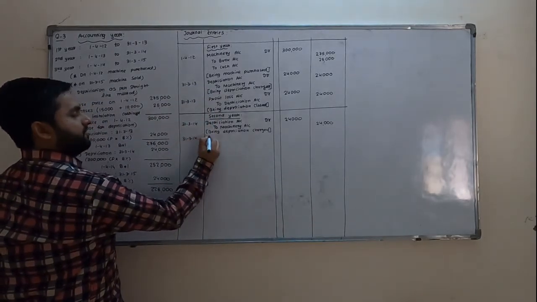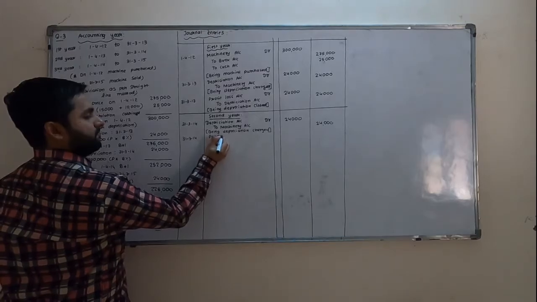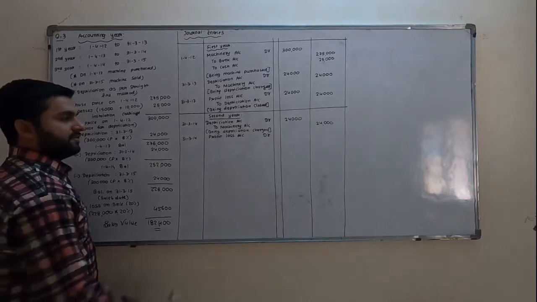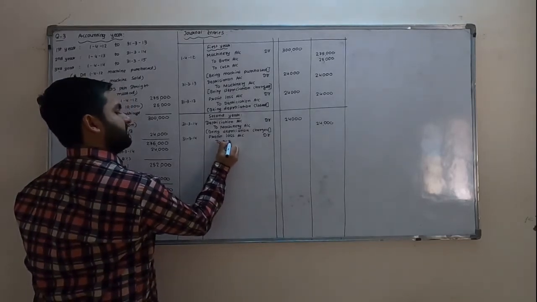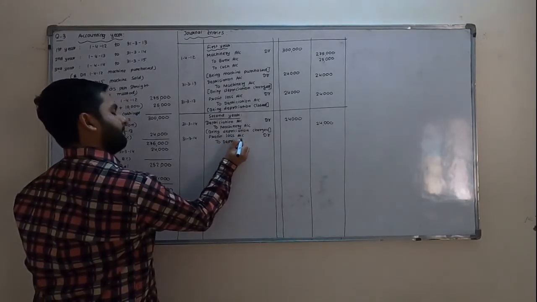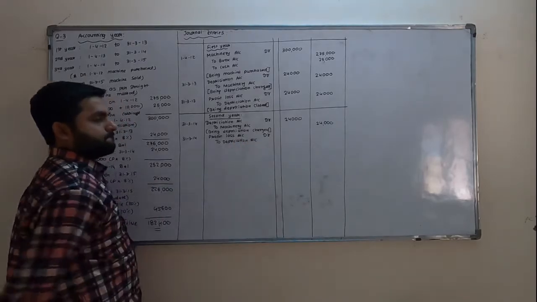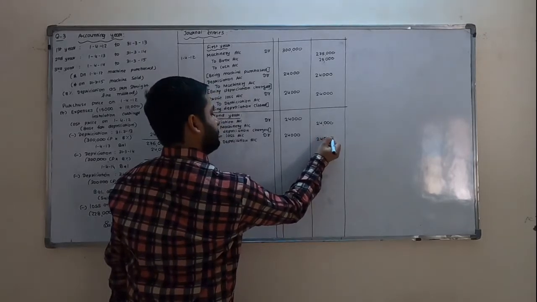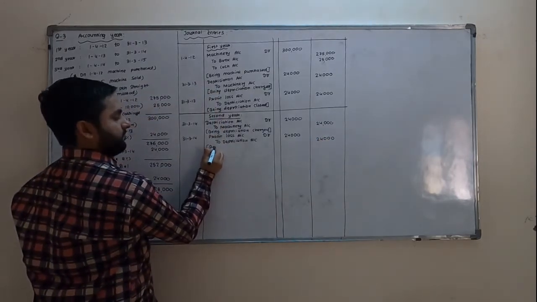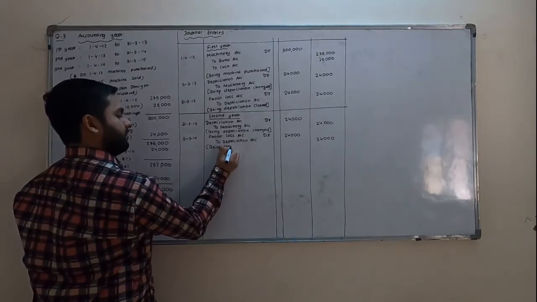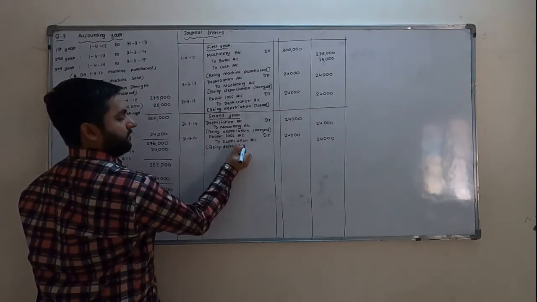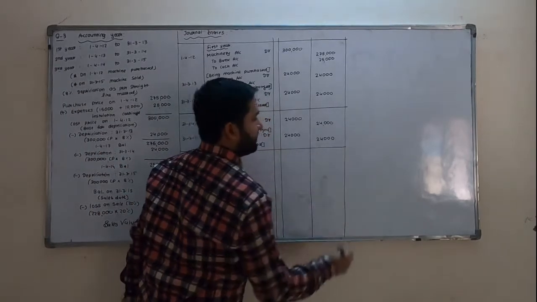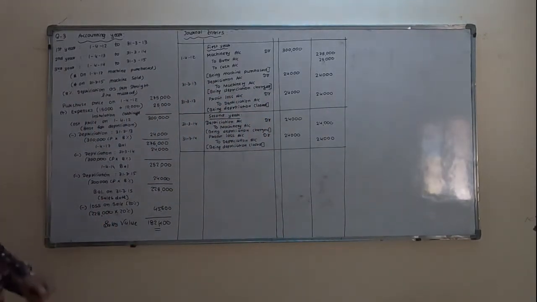Again 31/3/14, profit and loss account debit to depreciation account, 24,000. Being depreciation closed. So second year is also completed.